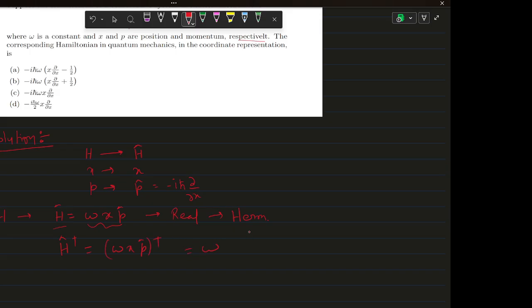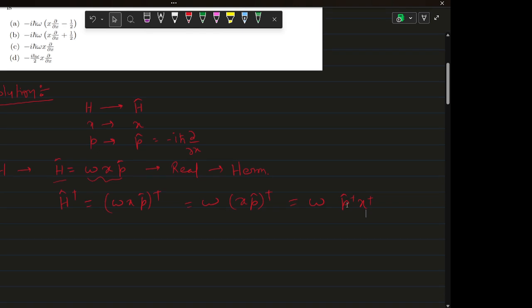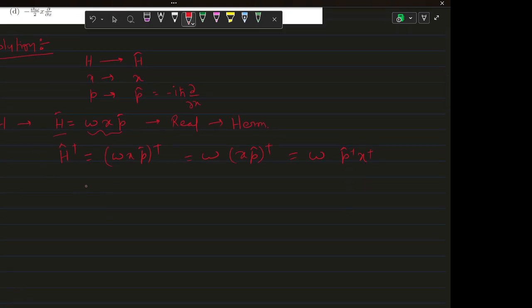So ω is constant, so we can write it outside, and (x p cap) dagger we can write as ω p cap dagger x dagger, and we know from the commutation relation that x p cap is not equal to p cap x, because the commutator of x and p is not equal to 0.